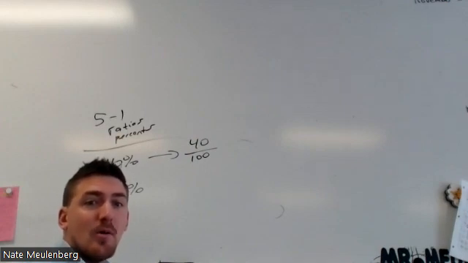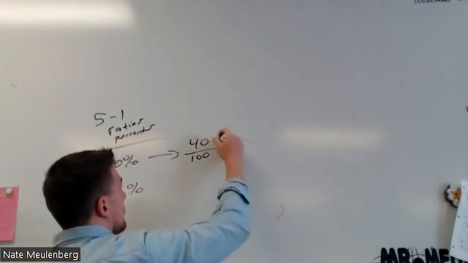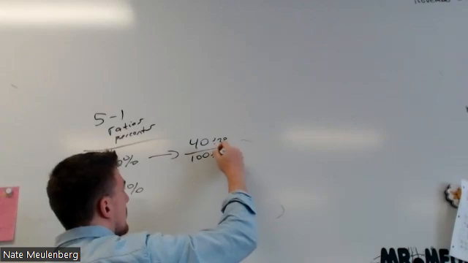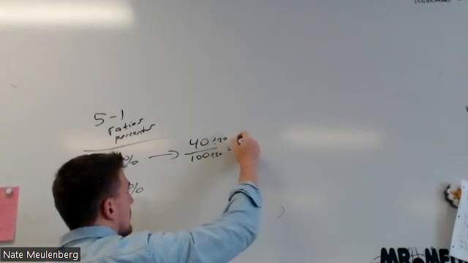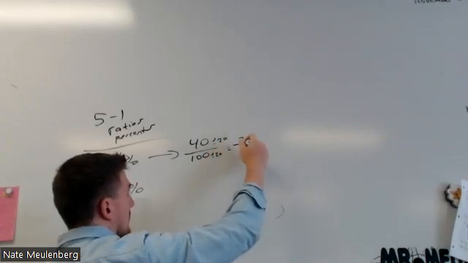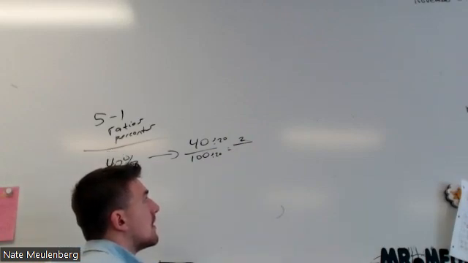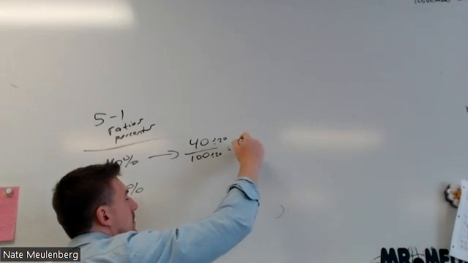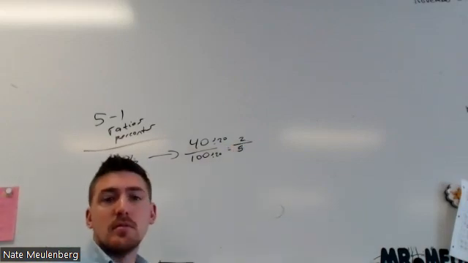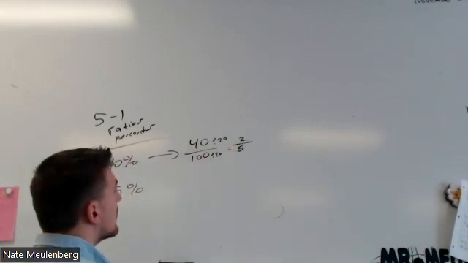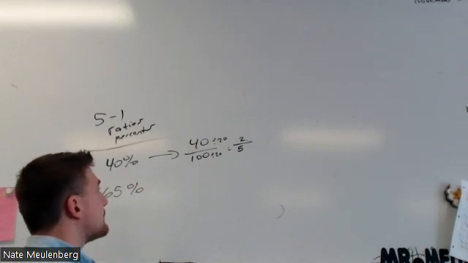Yeah, 20 would be good. What's 40 divided by 20? 2. Good. Over 10 and you do 100 divided by 20? Oh, that's 5. So 2/5. Make sense?